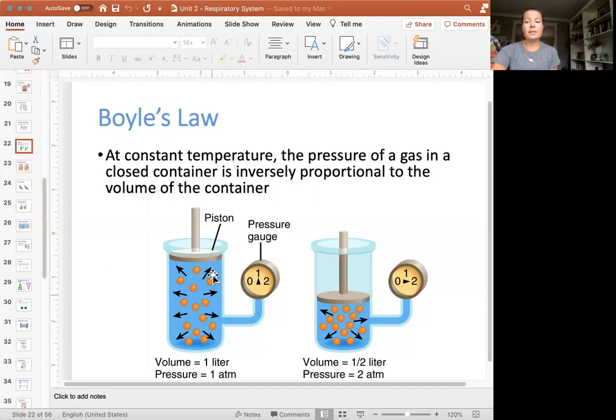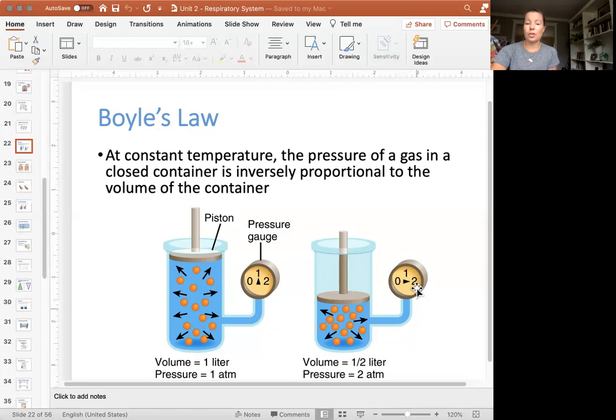Basically what this means is that if you have a larger or a greater volume, you will have lower pressure. So in this larger container that has a larger volume, the pressure is at 1. When you reduce the volume, so here there's less volume, that increases the pressure.